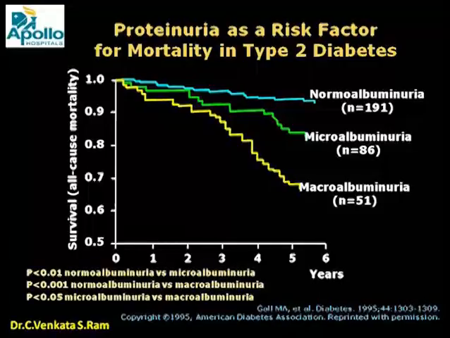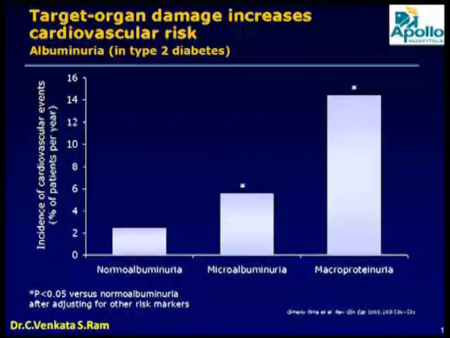And all of you are quite aware that whenever there is transition from normal protein excretion to small amounts and large amounts, there is an increase in cardiovascular risk, and this is all probably due to vascular dysfunction. Because protein comes in the urine, it does not have much respect, but actually proteinuria is a marker of cardiovascular dysfunction.